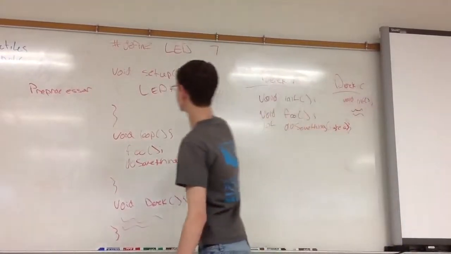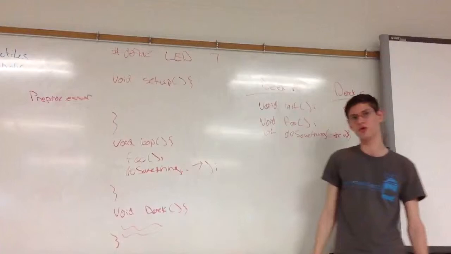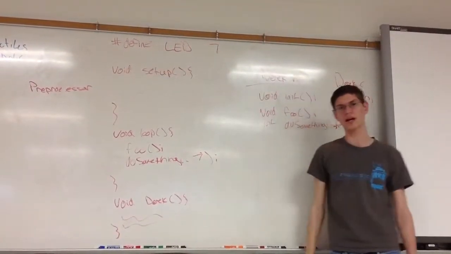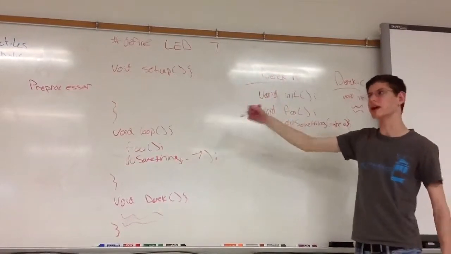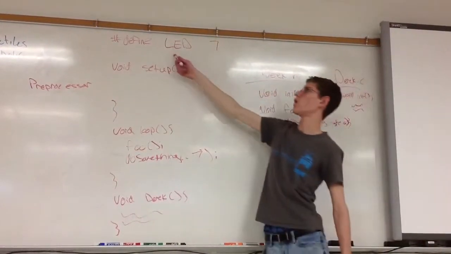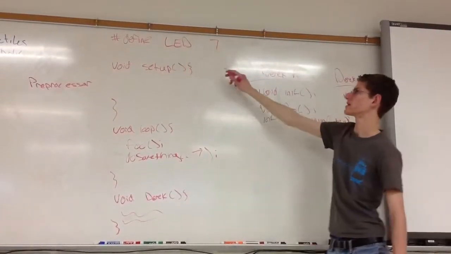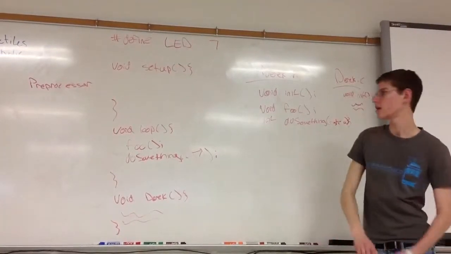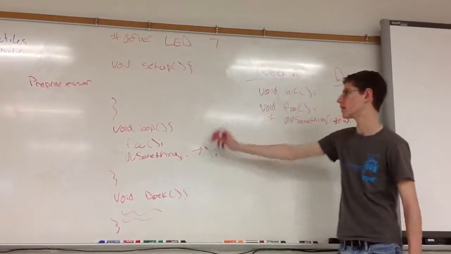So let's say I'm programming an Arduino, and I want to refer to the 3rd or the 7th port on the Arduino. What I can do is I can define, and I want to connect an LED to it. I can define and name it whatever I want, by convention in all caps. I can define this LED, and I can say 7. And then whenever I want to do something with that port, instead of directly referring to the port, I can put LED.